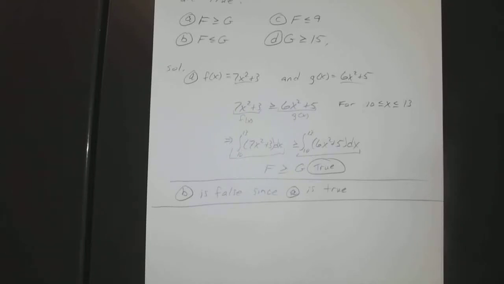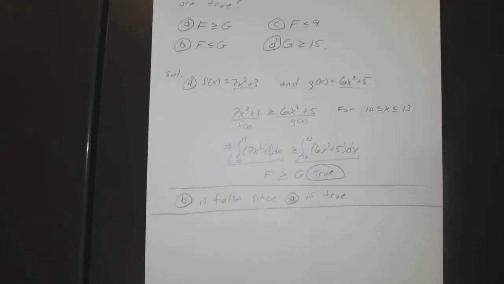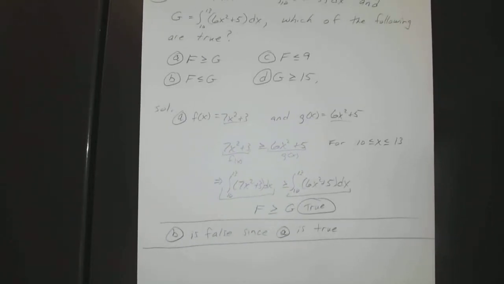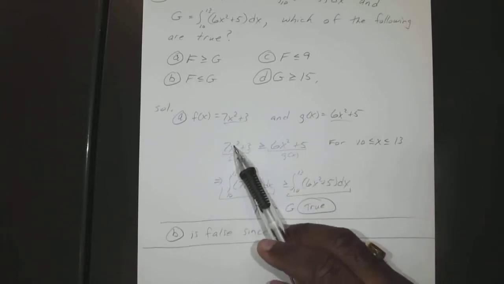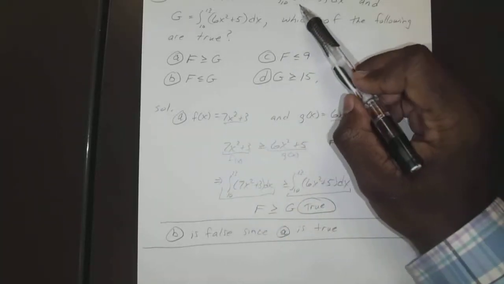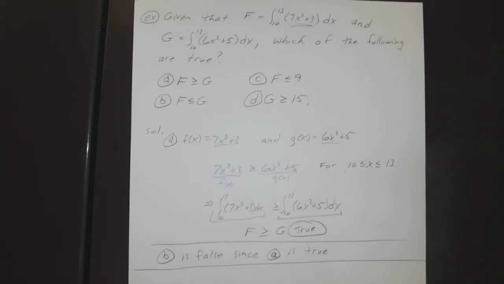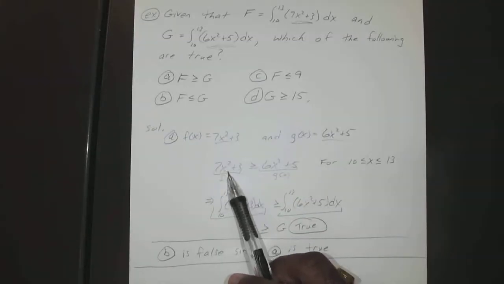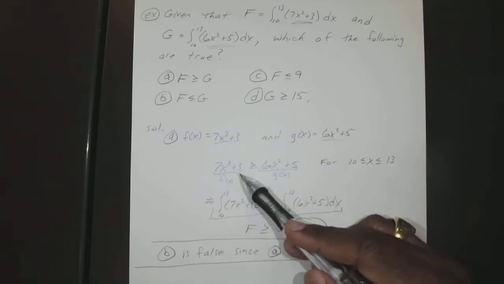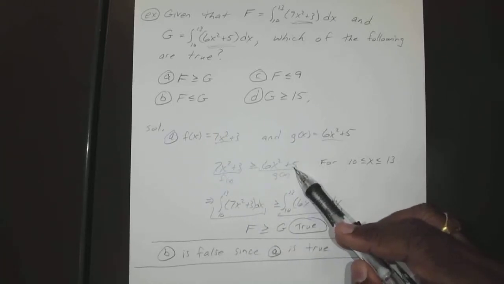Okay. So how do you, sorry. Oh, no problem. Confused. How did you figure that it was true again? Oh, this one? Because we have our function f of x, which was here, and we have our g of x, which is here. So we know that every x value between 10 and 13 will make this one bigger than this one.